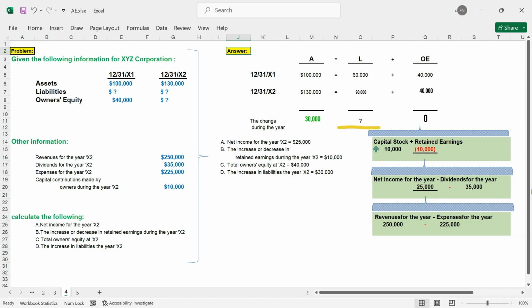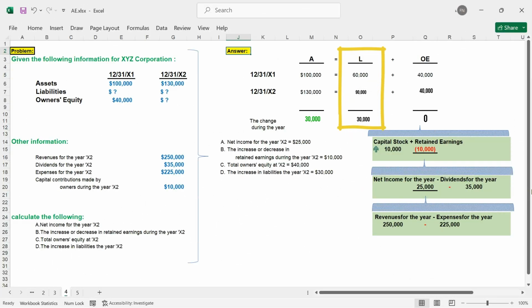If liabilities started at 60 and the ending balance that we've determined is 90, liabilities must have increased by $30,000. In fact, let's verify that by looking at this equation, where the total change in assets of $30,000 must be equal to the total change in liabilities, which is $30,000, plus any change in owner's equity, which was zero. And therefore, the changes in these elements are in balance in terms of assets, liabilities, and owner's equity.